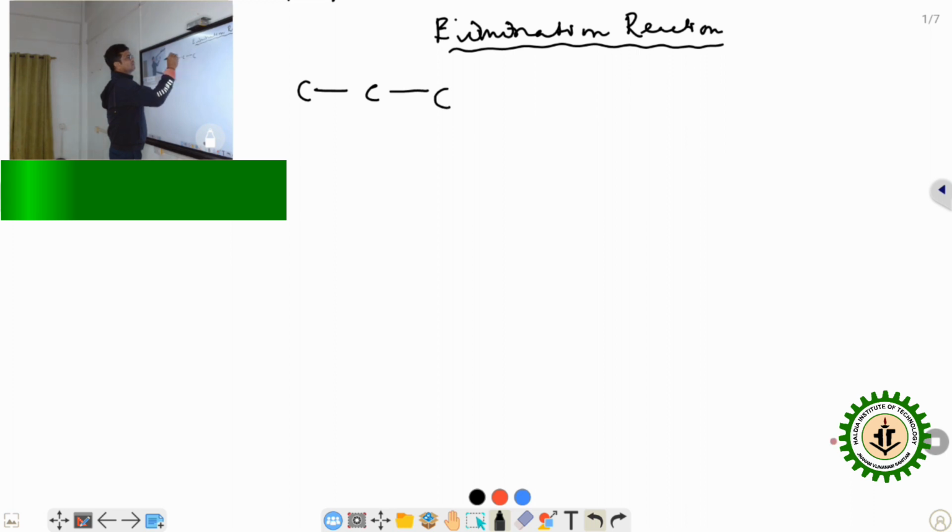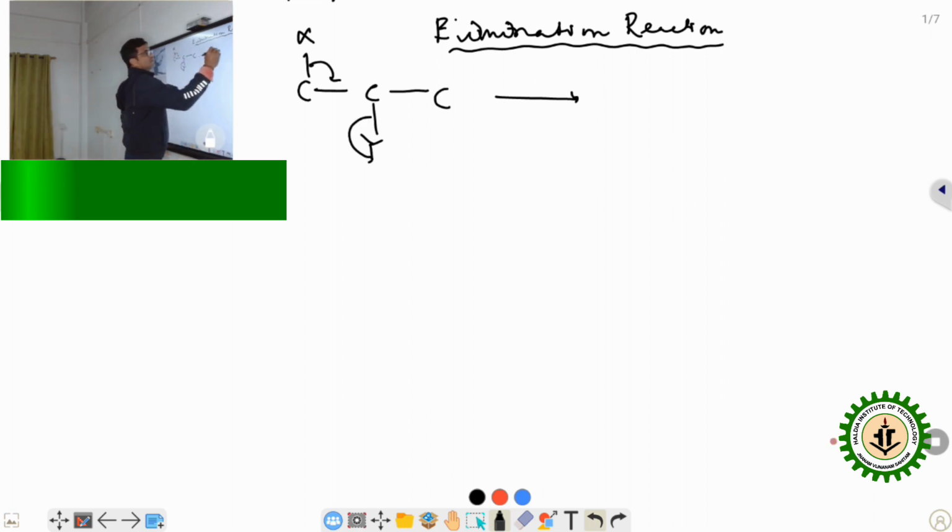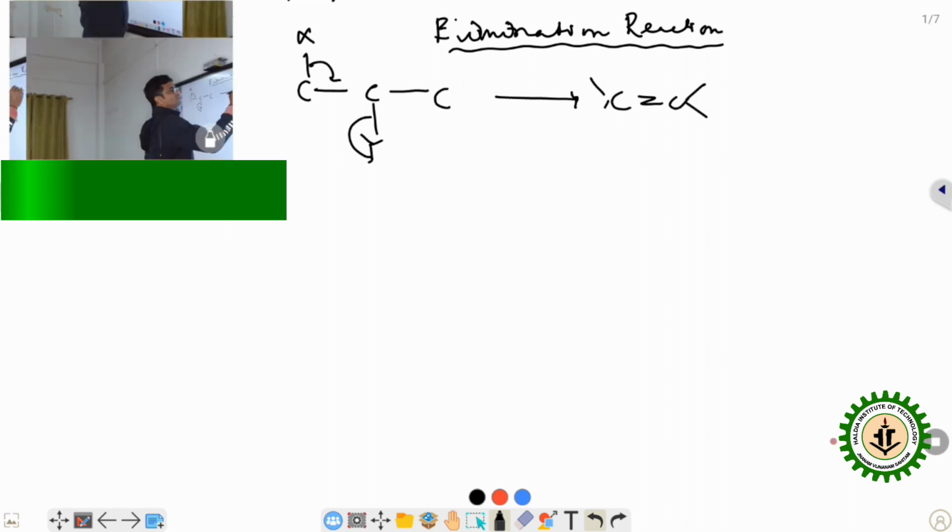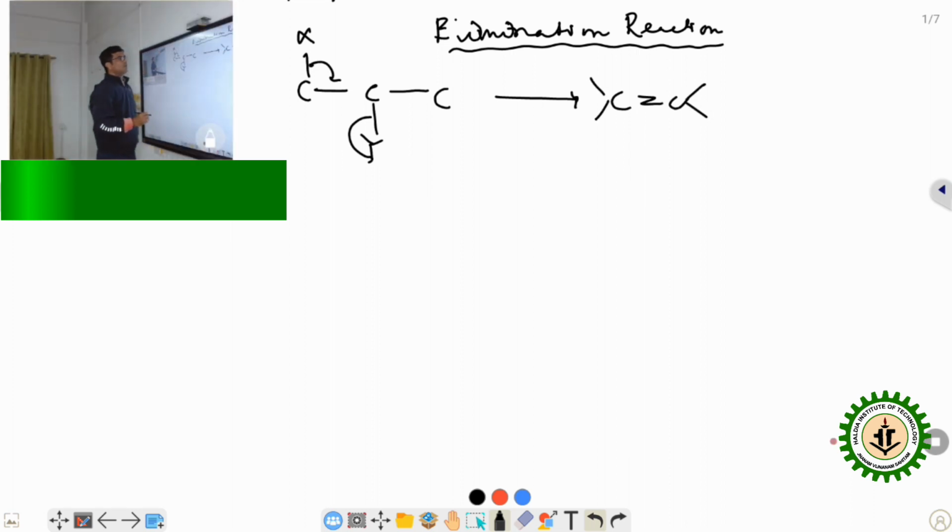In a very simple way, I can show you. Say XY. If these two atoms are eliminated, the product is an alkene, or it may be from the same site of XY also.